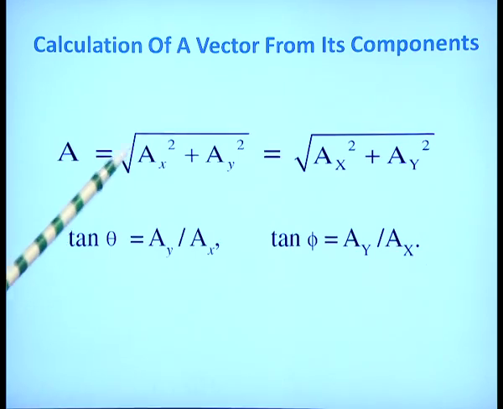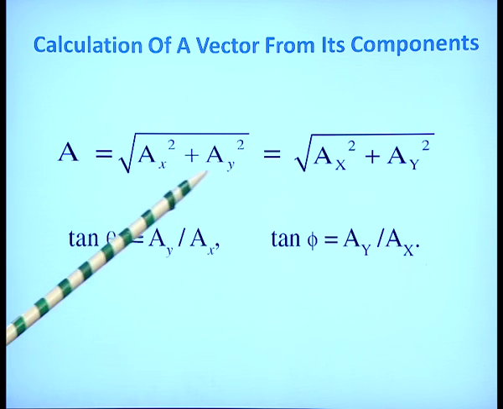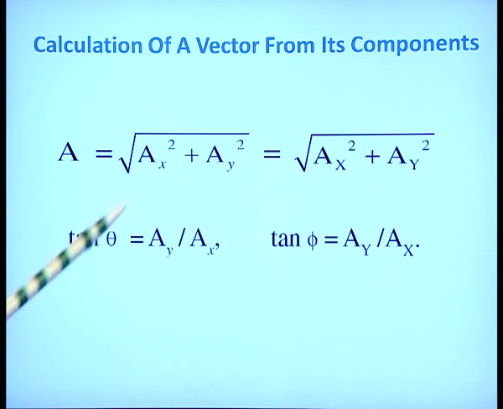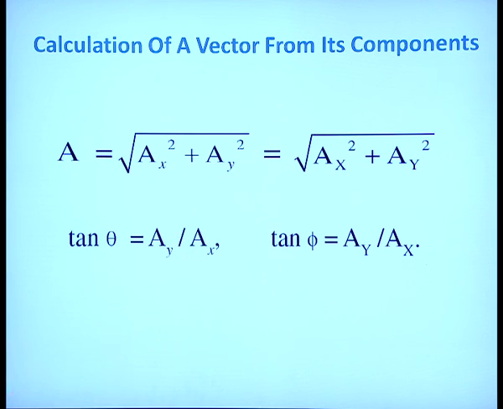Now, calculation of a vector from its components. If the components of a vector are given to you, you can calculate the vector whose components they are. You can calculate the vector A if Ax and Ay are given. A equals root over Ax square plus Ay square. This is along the small x small y coordinate axes, and this is along the capital X capital Y coordinate axes.